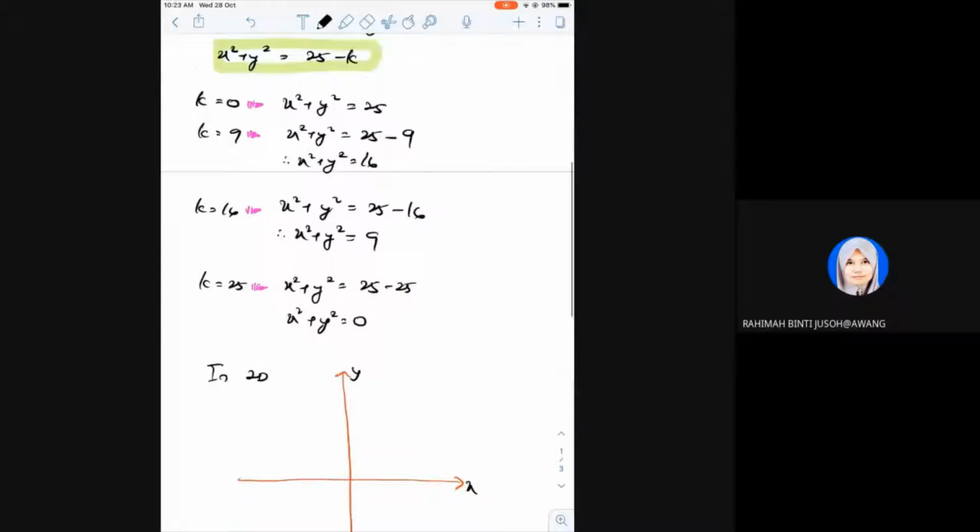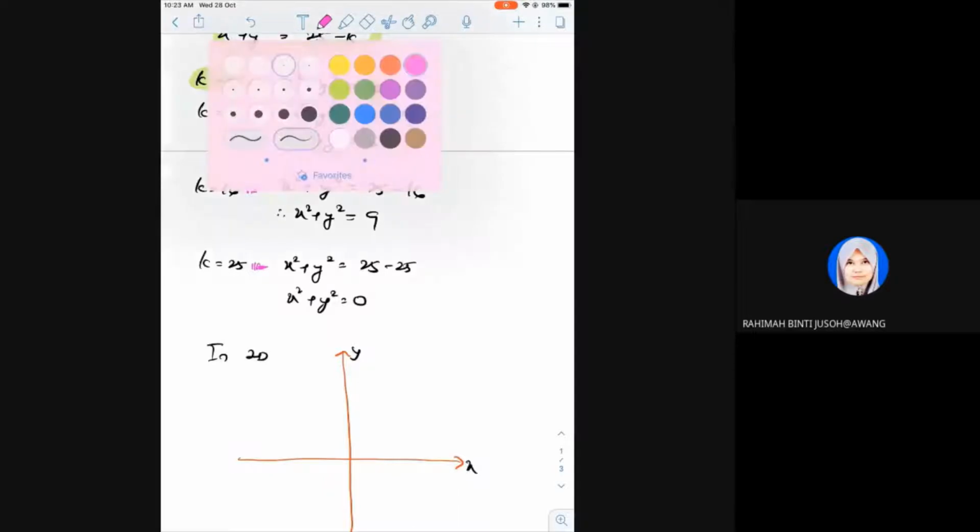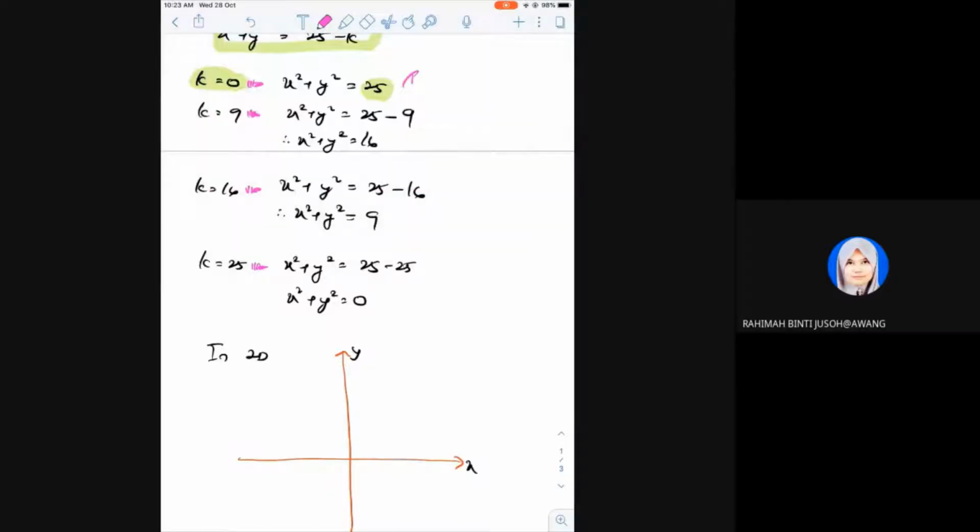So now let us start with k equals to 0 first. k equals to 0 means we have this equation, 25 minus 0 means 25. So this is a circle with radius r equals to 5, because this is the equation of a circle.